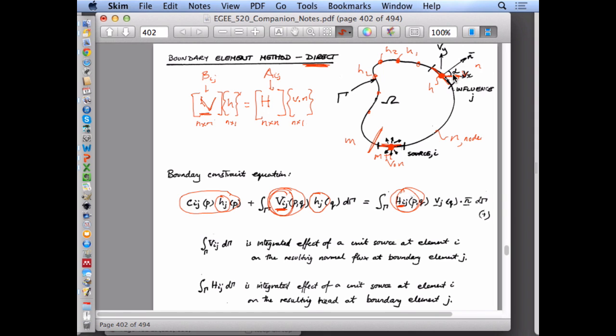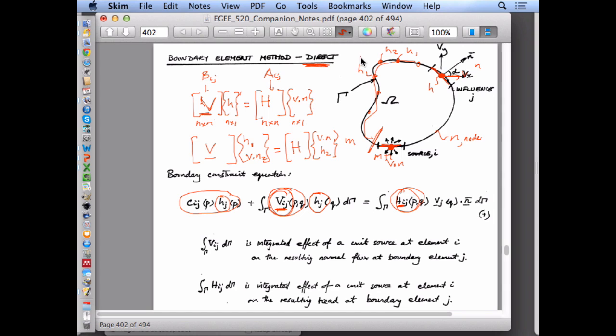So in some of the nodes, we'd have values of heads. So you could divide this up into two submatrices, where we have heads on segment 1 and the velocities on segment 2. And we'd know absolutely the velocities on segment 1 and the heads on segment 2.